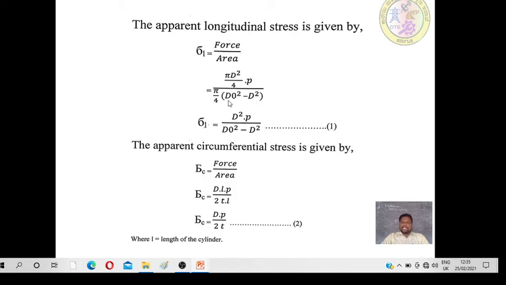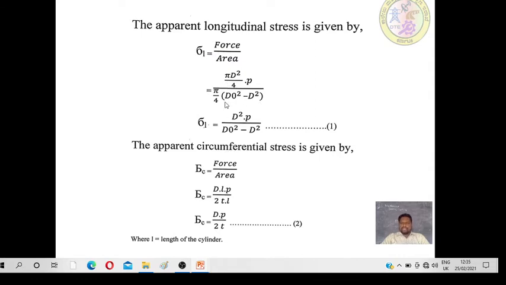Therefore it is pi by 4 into d naught square minus pi by 4 into d square. Pi by 4 is the common term, therefore pi by 4 into d naught square minus d square. Here the force is inside the cylinder, therefore it is only pi d square by 4. So this is the cross sectional area. Therefore cross sectional area means we have to consider inside diameter as well as outside diameter.